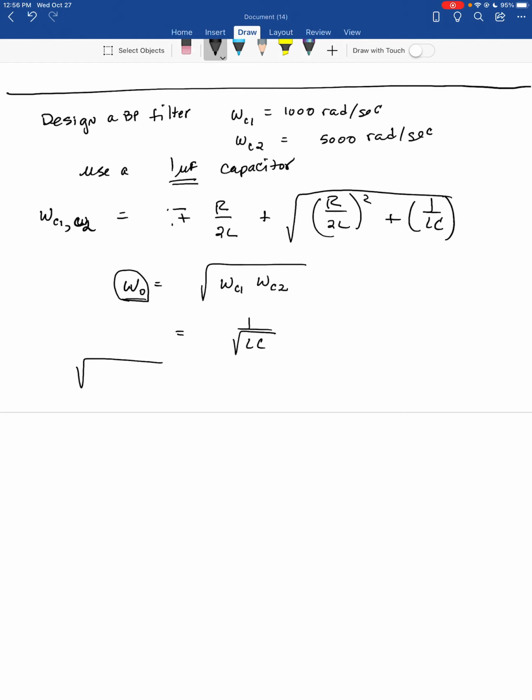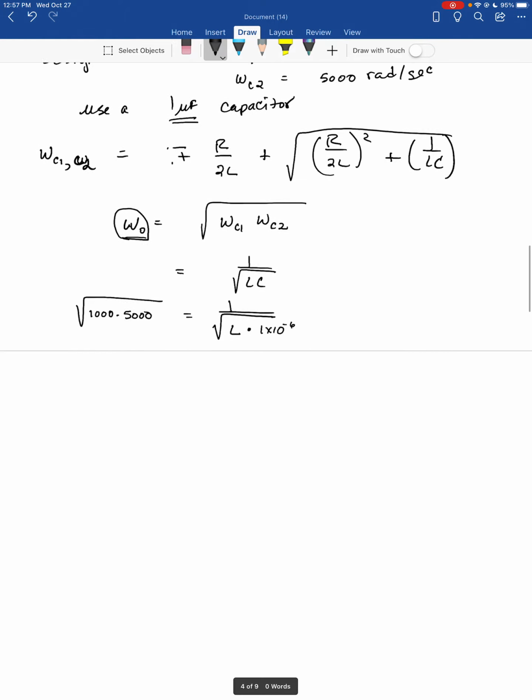So the square root of 1000 times 5000 is going to equal 1 over the square root of L, which is an unknown, and C, which is 1 times 10 to the minus 6. If we simplify that a little bit, the left-hand side is the square root of 5 times 10 to the third, pulling a 10 to the 6th out of the square root. Actually, it will probably be easier just to square both sides. So let's square both sides.